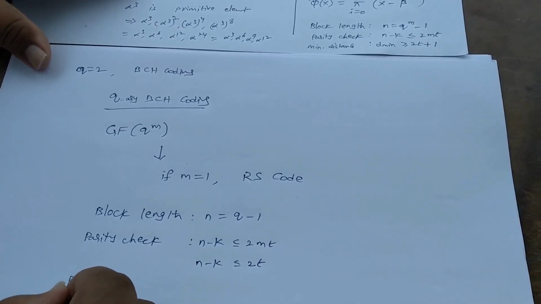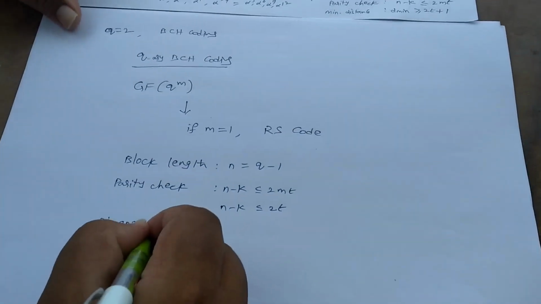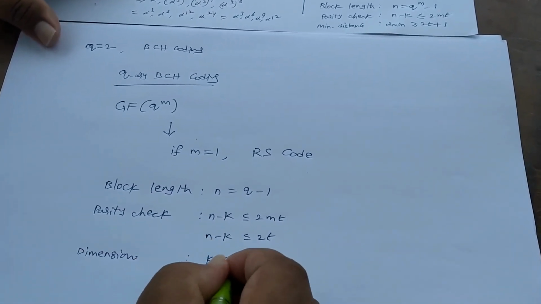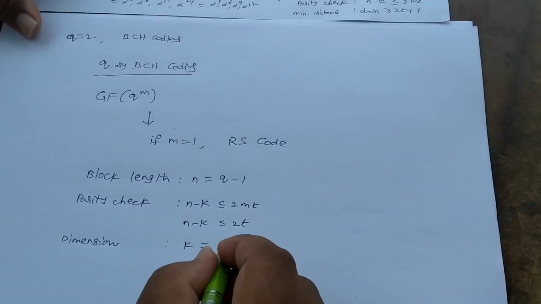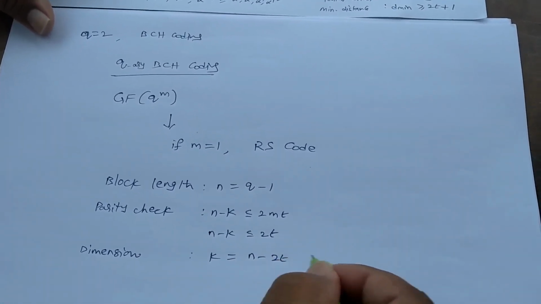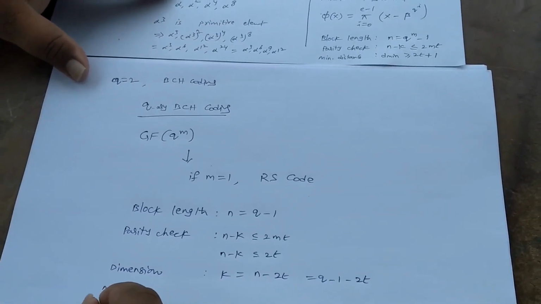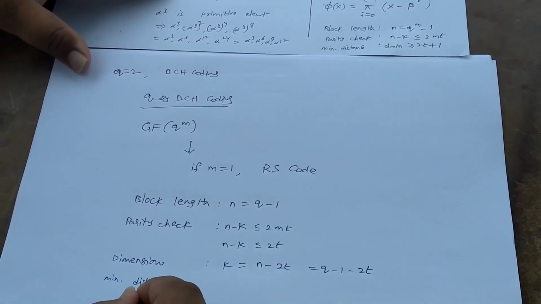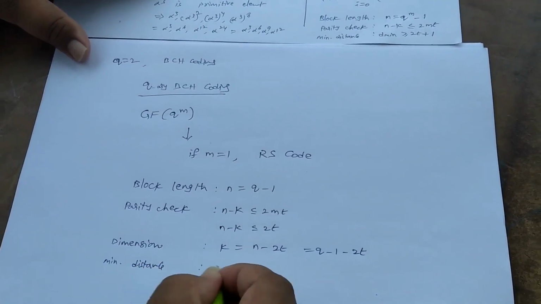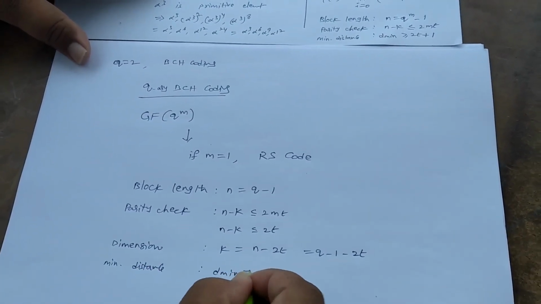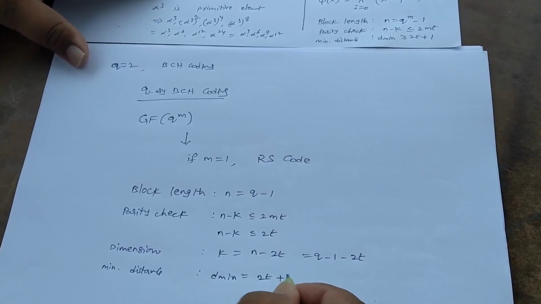And dimension, k is actually n minus 2t, or it is equal to q minus 1 minus 2t. Minimum distance, d minimum is equal to 2t plus 1.